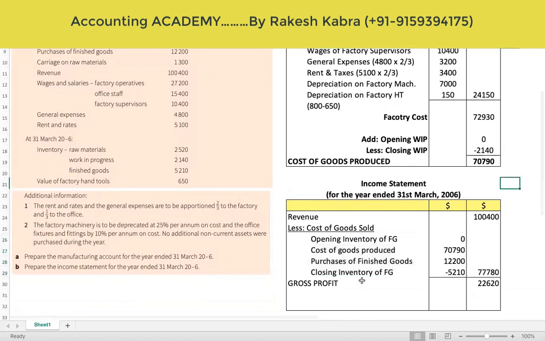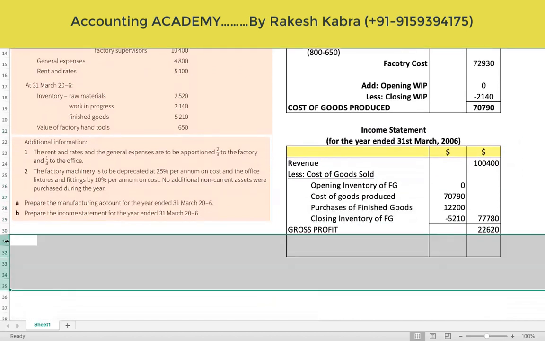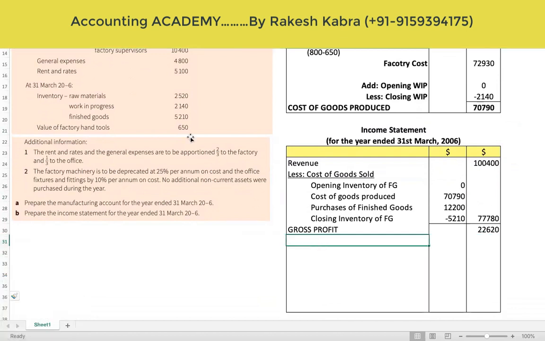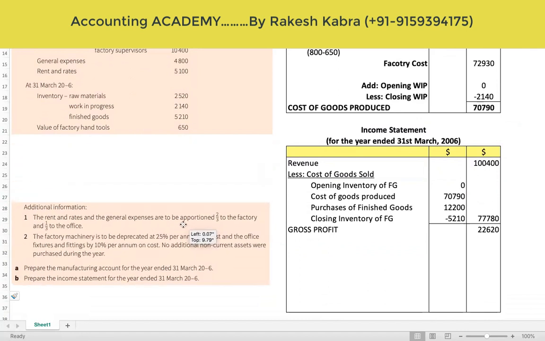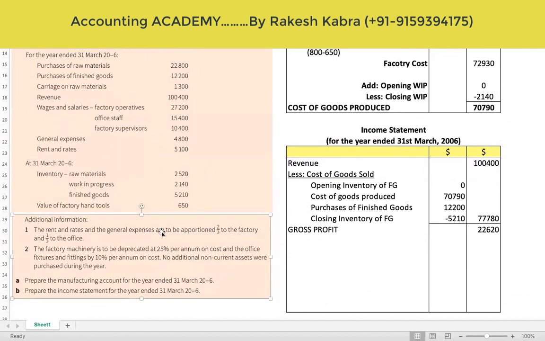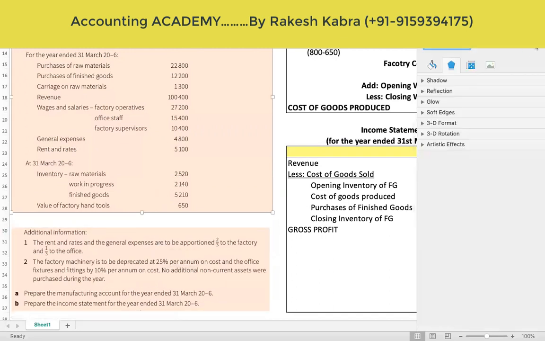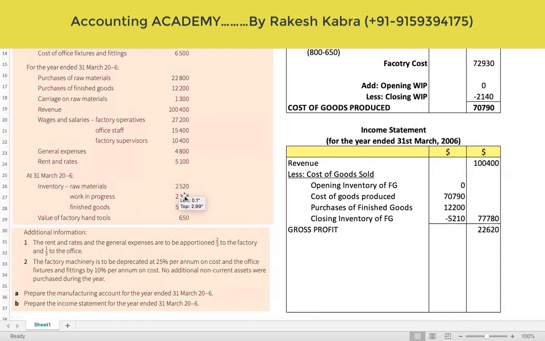Now, once we got the gross profit, we will subtract all the other expenses. If we have any other income, then I will add that. Otherwise, I will subtract the other expenses. So we have expenses here.